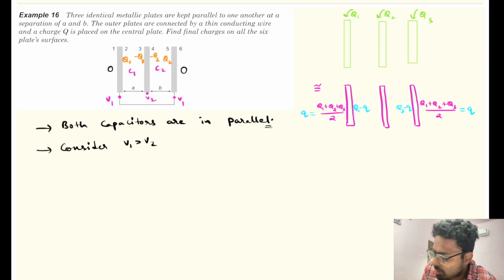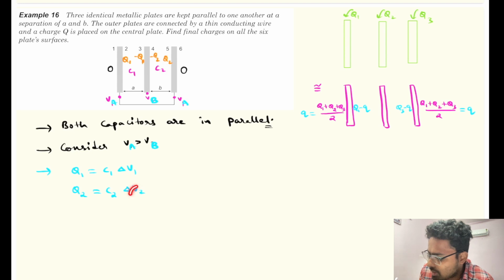So I know the formulas for the charge: q1 is nothing but c1 delta v1, the potential difference for the first case, and q2 is nothing but c2 delta v2. If you're getting confused, let me name it as Va and Vb. So let's say Va is more than Vb. Delta v1 is the potential difference for the first capacitor, delta v2 is for the second.